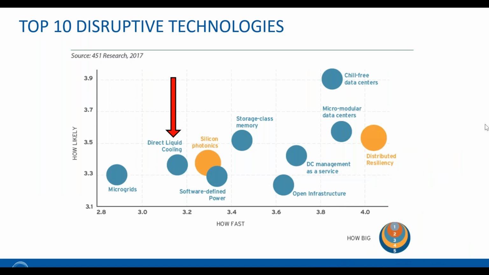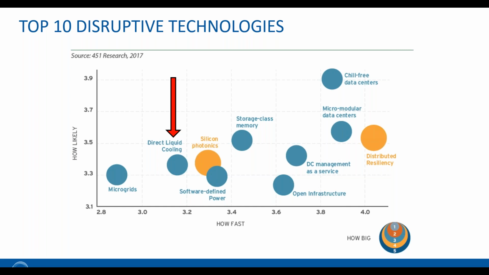This is an example of our research which we did 2 years ago. The graphic shows you selected technologies which we view as potentially disruptive to the data center stack. What you see on the chart is a ranking of the select technologies by a panel of analysts and data center industry professionals.